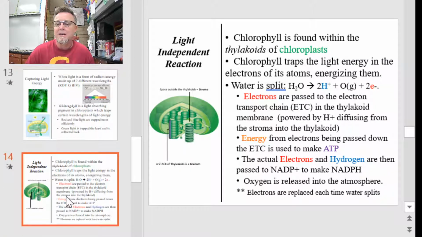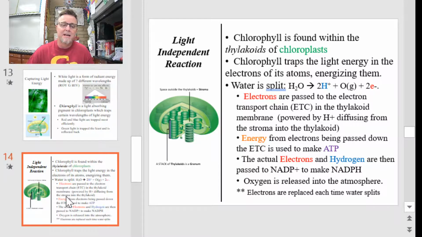Moving on. So chlorophyll is found within the thylakoids of the chloroplast, as I just said. And just to sum it up in words, without a lot of pictures just yet, chlorophyll traps the light energy in the electrons of its atoms and energizes them. So as chlorophyll becomes energized by light energy, those electrons are going to be passed to an electron transport chain.